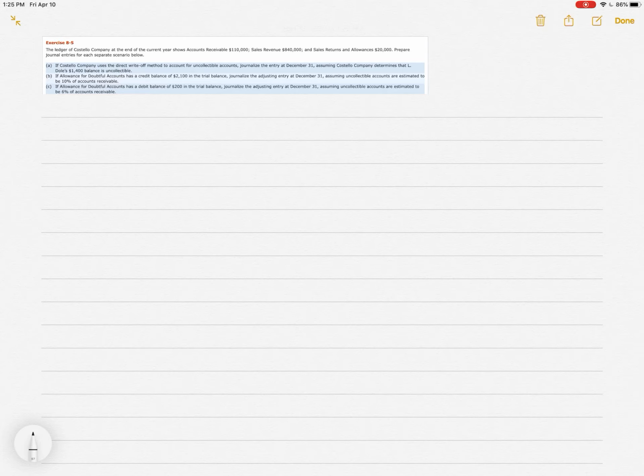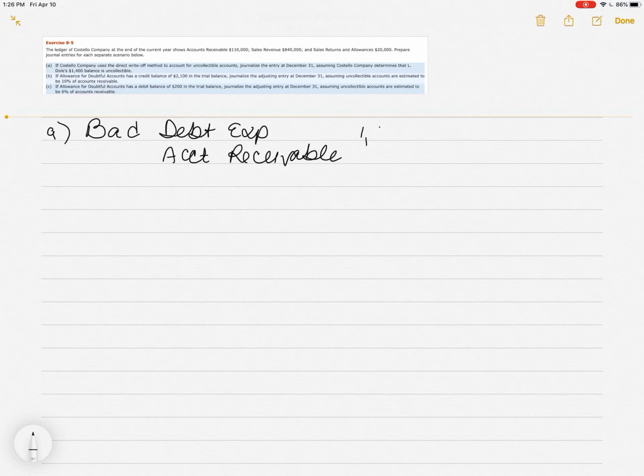So when somebody doesn't pay us, all we're going to do for A is debit our bad debt expense and credit that accounts receivable, and it will be for the amount that is uncollectible. Remember that bad debt expense is only debited if we're using that direct write-off method.